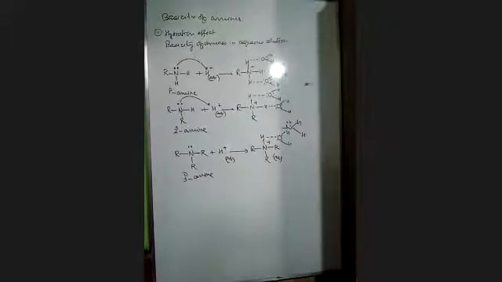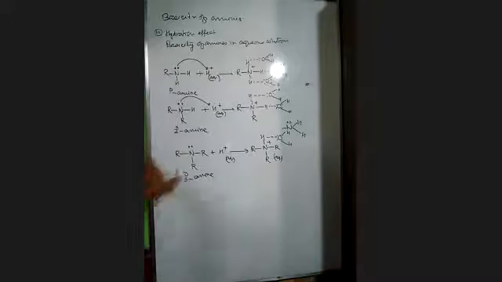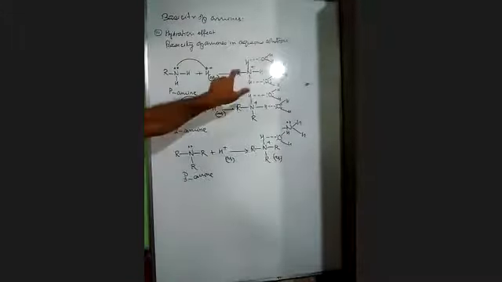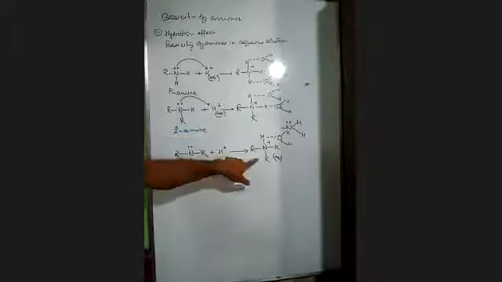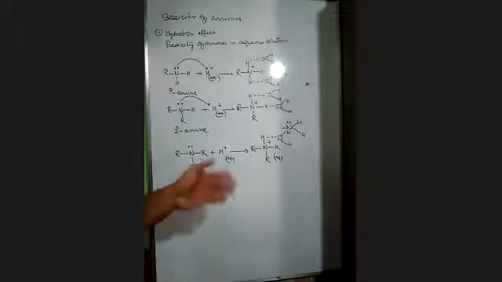Primary. So in that case, if you go by the inductive effect theory, tertiary amine is the strongest because it has three electron donating alkyl groups. The moment I put it in water, we find the situation has become reversed. This ion is more stable, then this, and this is the least stable. So in aqueous solution, the order of basicity changes.